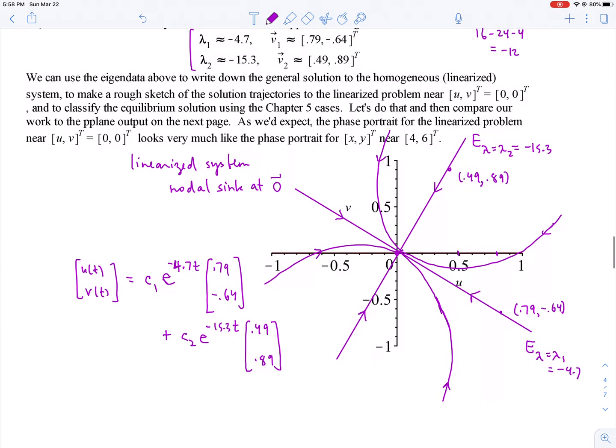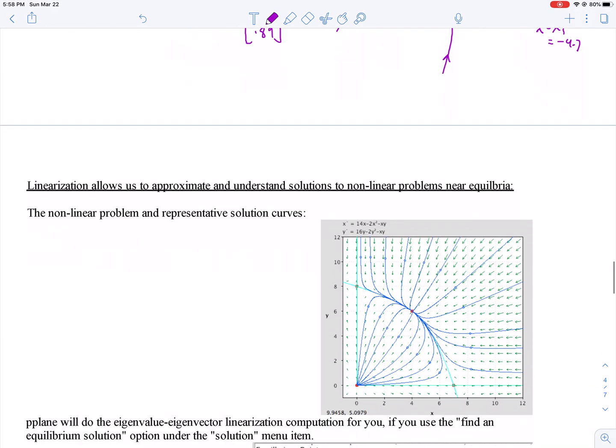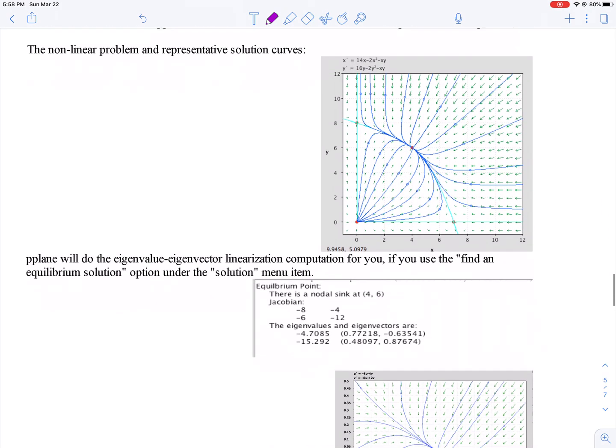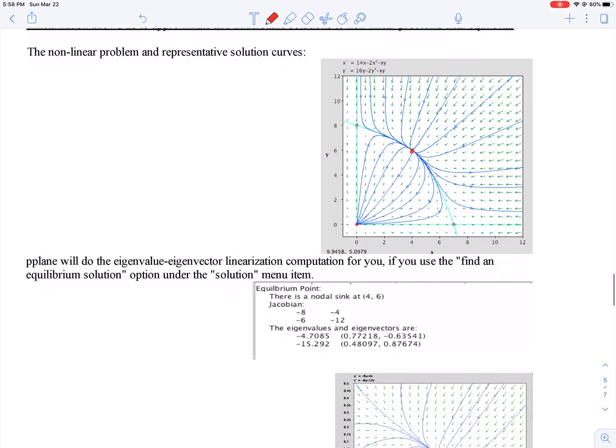Okay, so that's what the solution to the linearized system looks like at the UV origin. How did we do? Here was the nonlinear system, the equilibrium point (4,6), and the nonlinear system solutions.